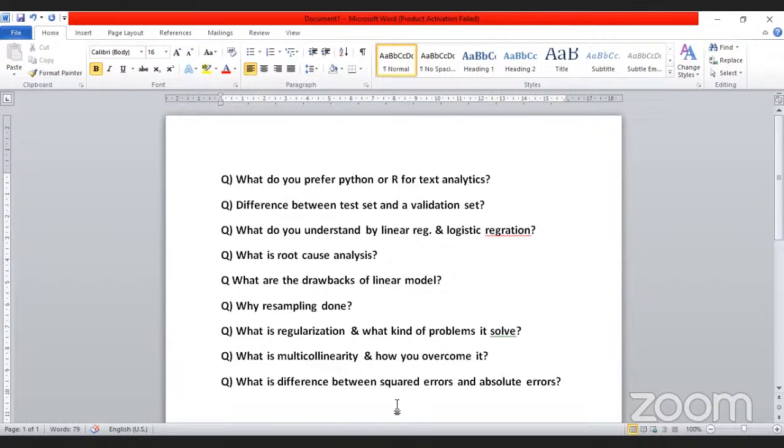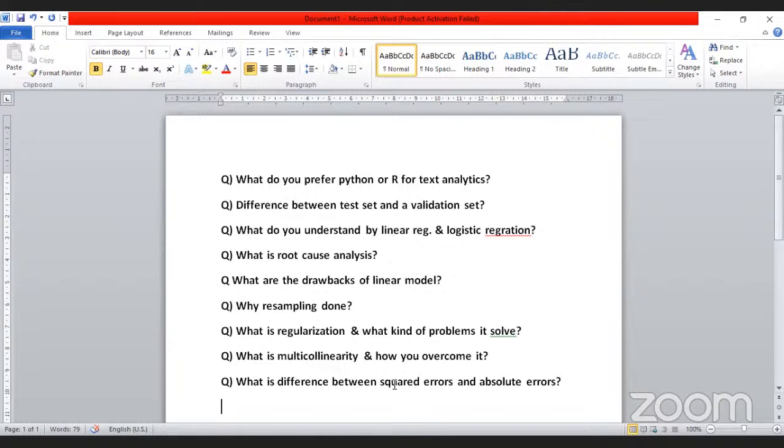What is the mean squared error? The mean squared error measures the average of the square of the errors. Okay, average of squared errors. This is the mean of the squared error.